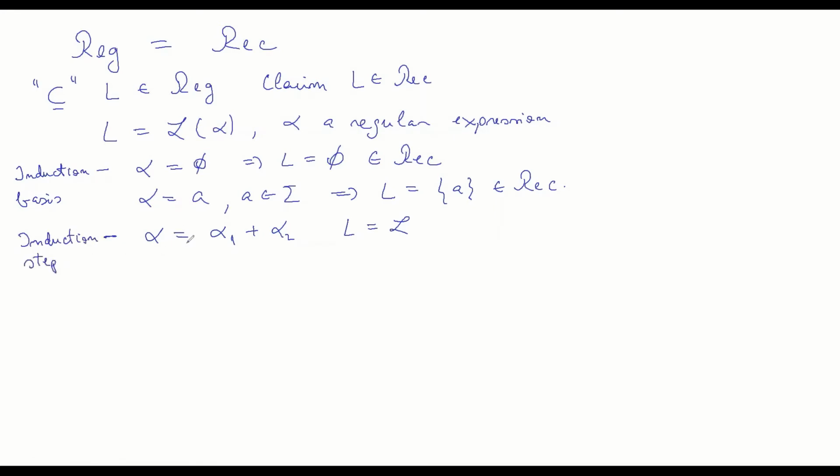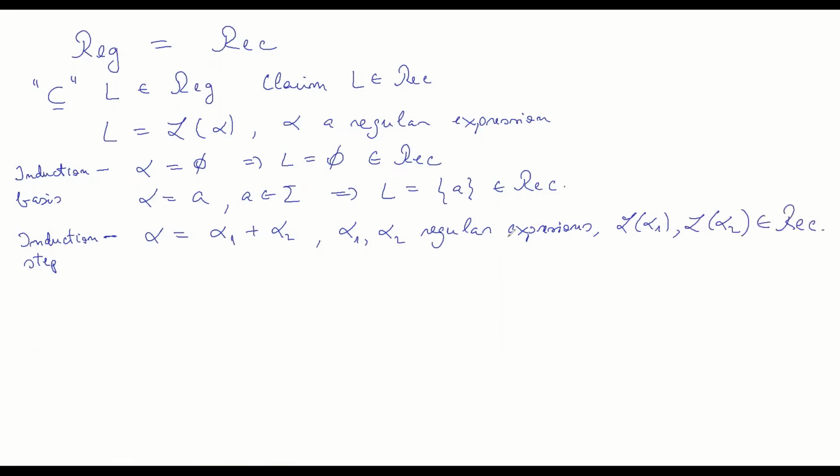Now I'm assuming that alpha is alpha 1 plus alpha 2, and that alpha 1 and alpha 2 are regular expressions such that the language of alpha 1 and the language of alpha 2 have already been proved to be recognizable languages.